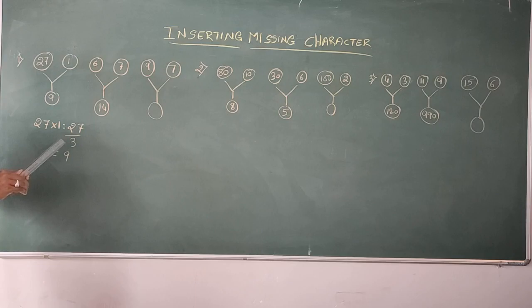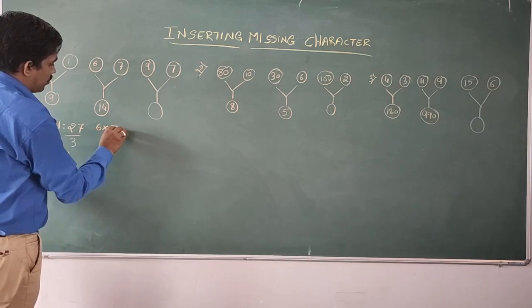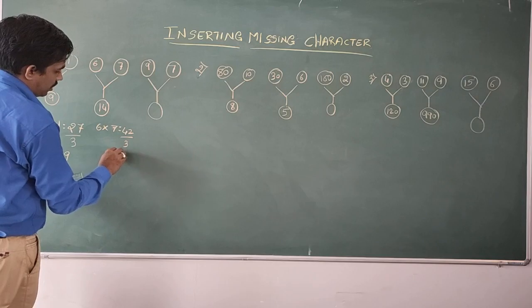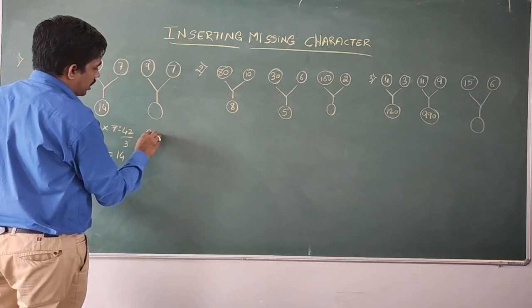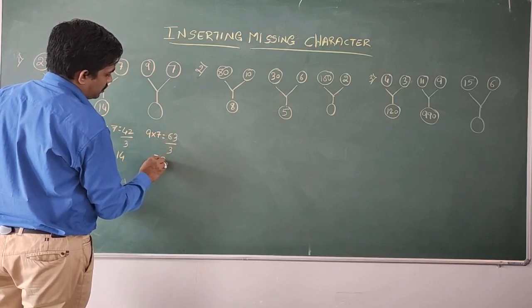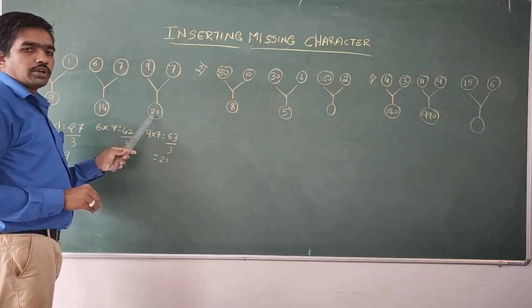We can take any number, but it should be in a proper logic. Coming to this number, 6 into 7 is 42, divided by 3 is 14. Then 9 into 7 is 63, divided by 3 is 21. So this number is 21.